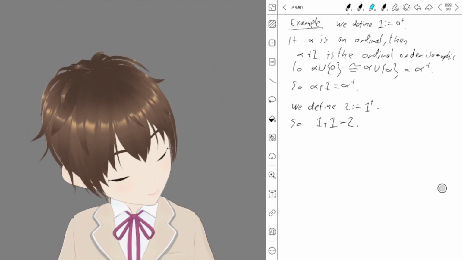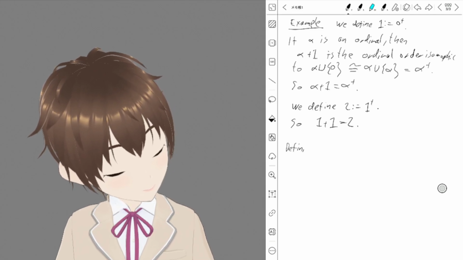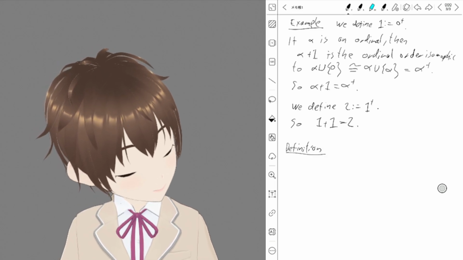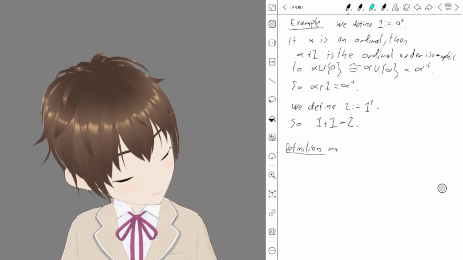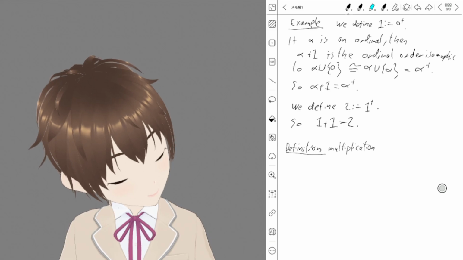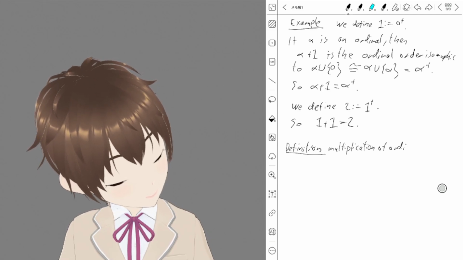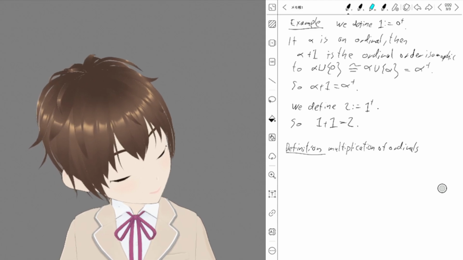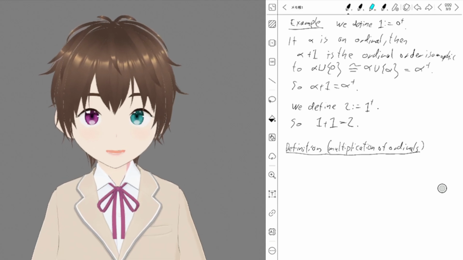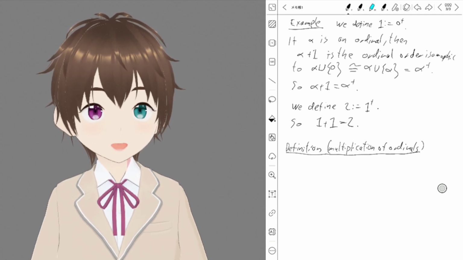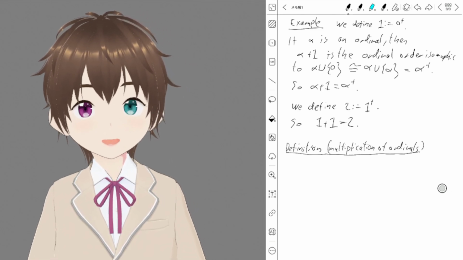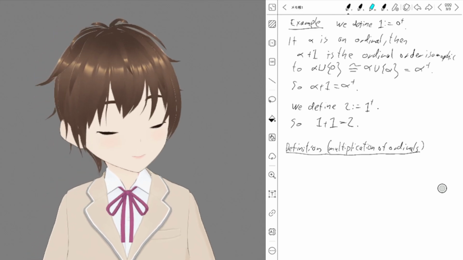So, definition. This is multiplication of ordinals. Similarly, we're going to take two ordinals and define a new well-ordered set from them, and then define the product of the two ordinals to be the order type of that well-ordered set.